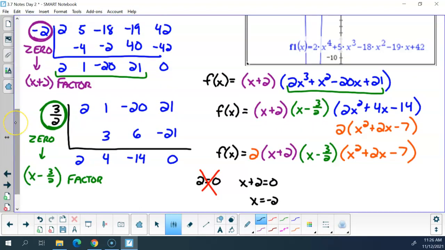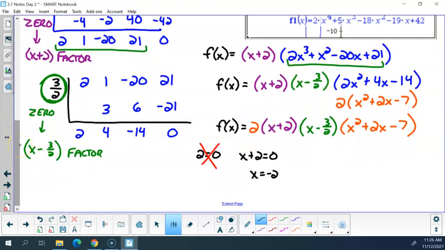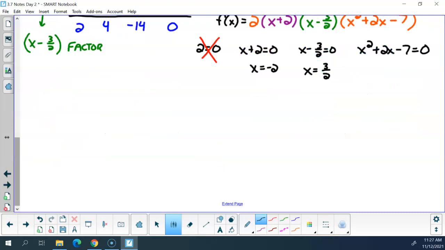That's the one that we found first. X equals 3/2. That's the one we found second. What do I do with x squared plus 2x minus 7? Quadratic formula. So now we've got a quadratic formula of that one.